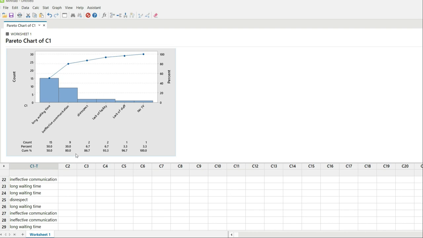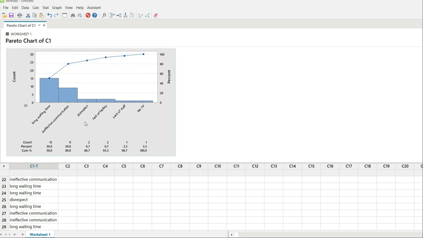From this, the Pareto chart is also called the 80-20 principle. What does it mean? 80-20 means 80% of the problem is related to 20% of the factors. So here the number of factors is only a few, but the impact is too much.